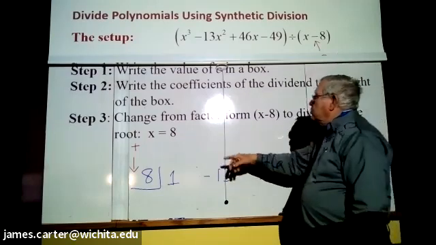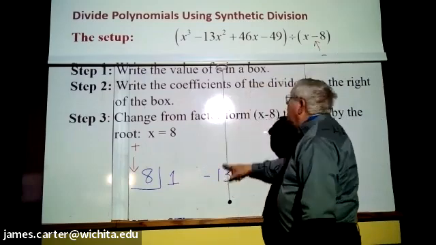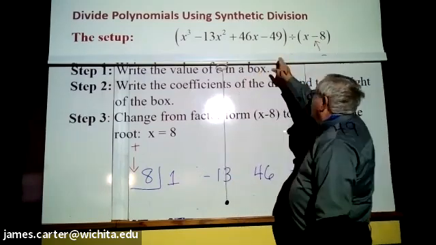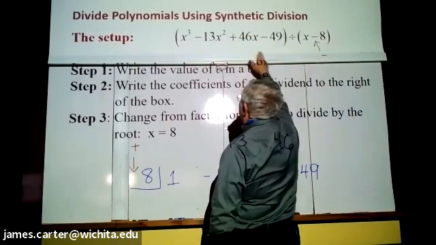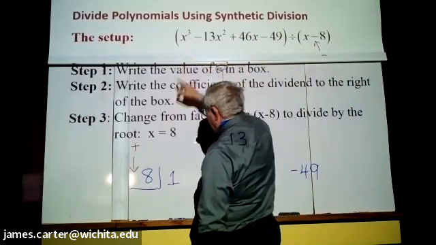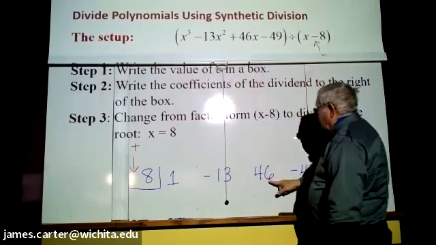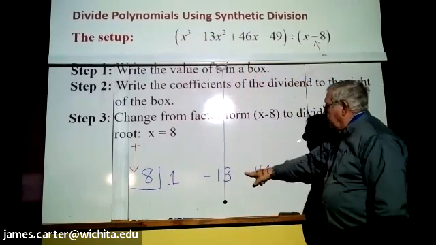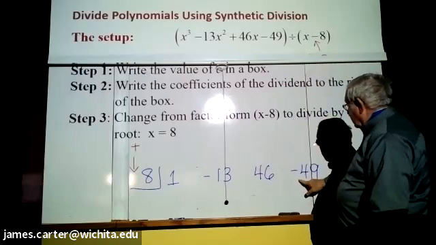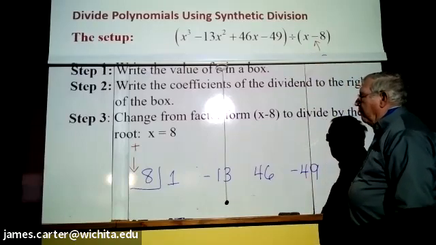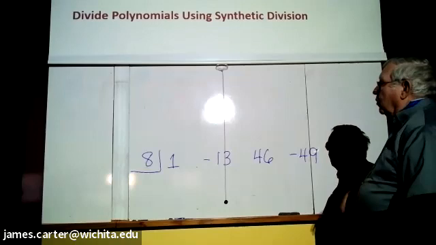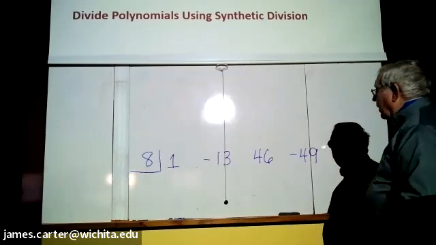Okay, here we've just written down the coefficients of our 4 terms in the dividend. In other words, there's a hidden 1 there, the negative 13, the positive 46, and the negative 49. Now, we're continuing. This is where we left off.